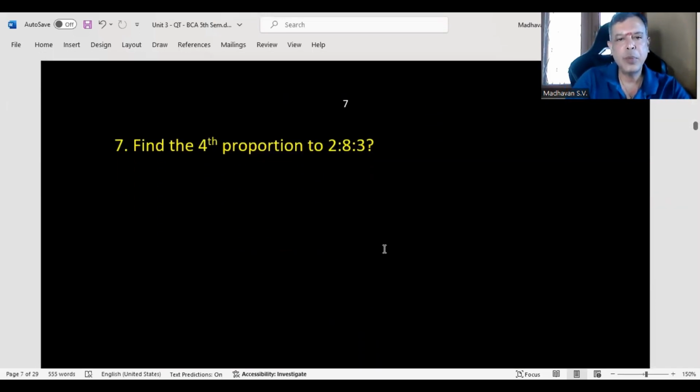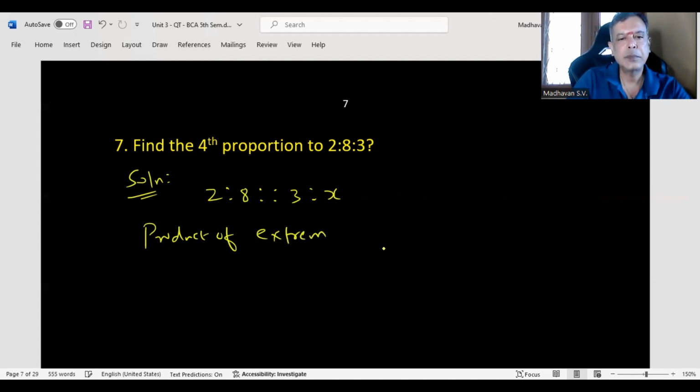Find the fourth proportion of 2:8:3. So fourth proportion means we need to find out 2:8 is to 3:X, which means that X will be our fourth proportion. And we know product of extremes is equal to product of means.